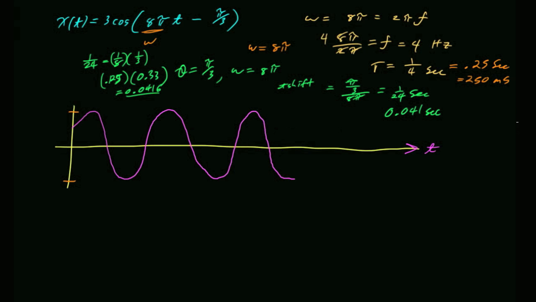And what's this number going to be? Actually, let's start with this. It's going to be 1/4. That's the period. A quarter second. And therefore, this number is whatever the sum of those two is. Let's see, a 24th plus a quarter, 7 over 24 seconds.